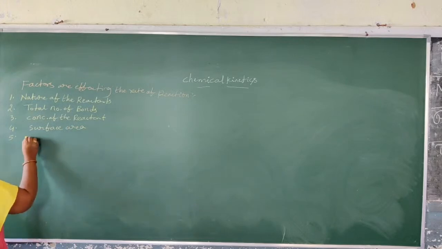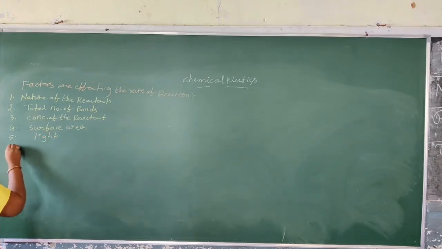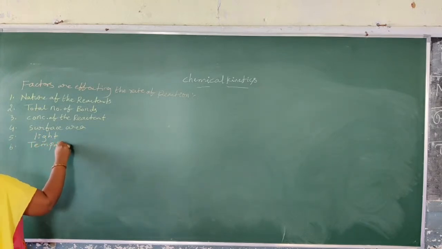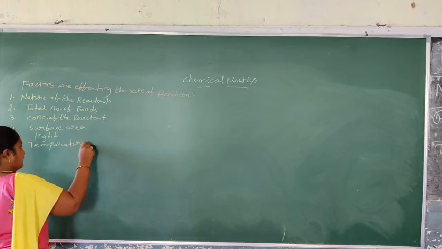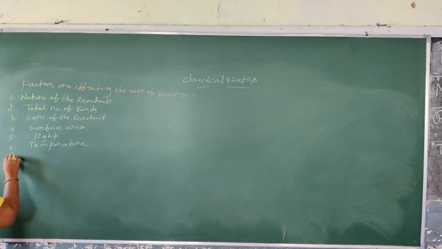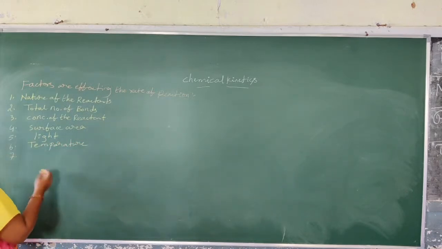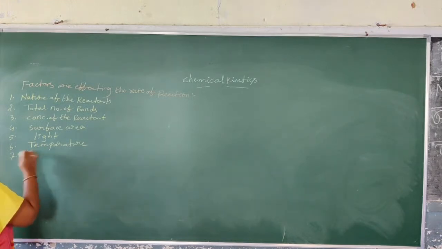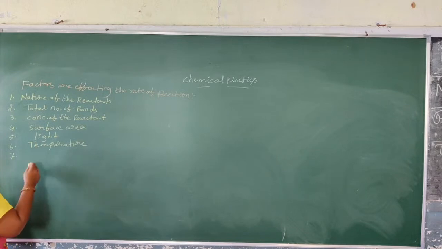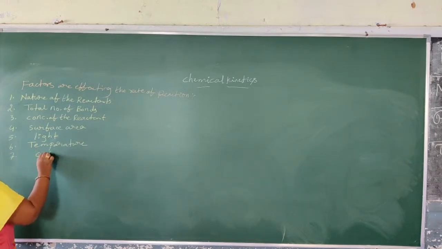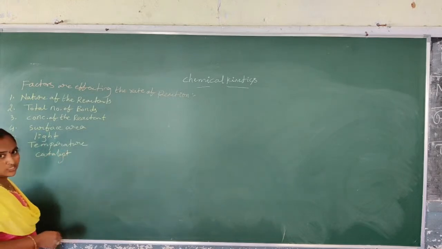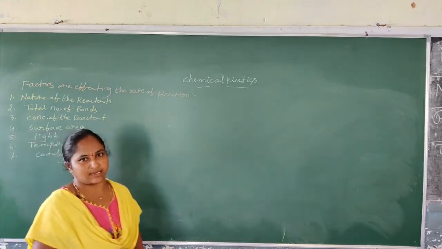Fifth one, light. Sixth one, temperature. It is very important. Based on the temperature, according to your examination purpose, one problem will come from this. And the last one is catalyst. These are the factors that affect the speed of a chemical reaction.